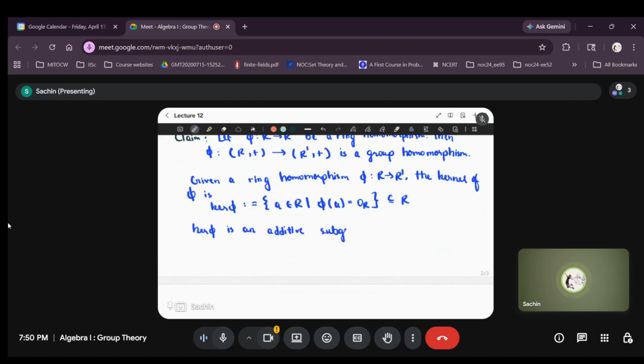Is it a subring according to our definition of subring? Is the kernel a subring of R?